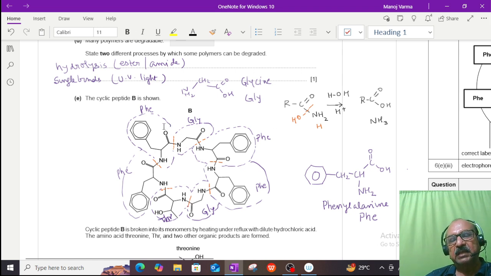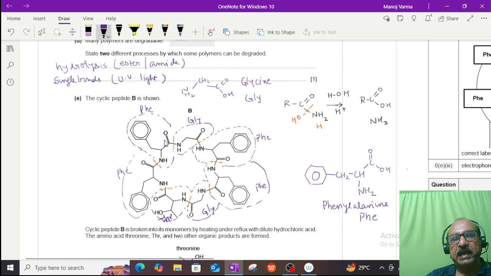So I have tried to visualize in this cyclic peptide the places where the amide linkages are present. If you look at this structure carefully, you will find that this is the amide linkage CONH, then once again this is the amide linkage, this is the amide linkage, and wherever you find the CONH, those are the amide linkages.